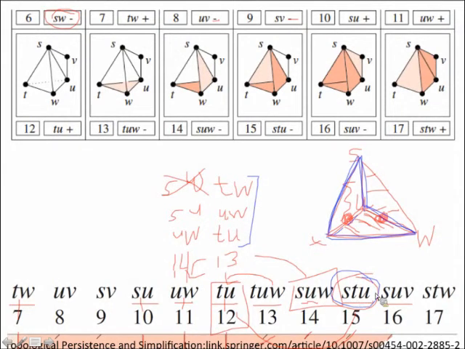So the boundary of STU is ST plus SU as well as TU. And I will join that together with my TW. So everything here, I will join it together with all of those. So I've got my TW, my UW, and my TU.